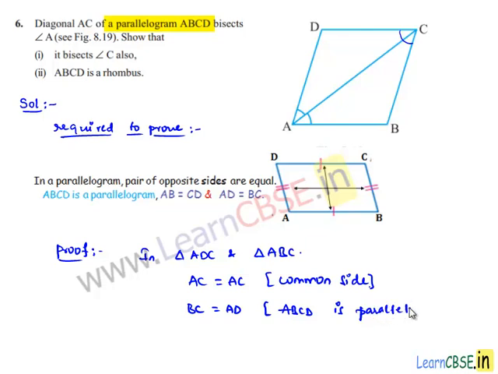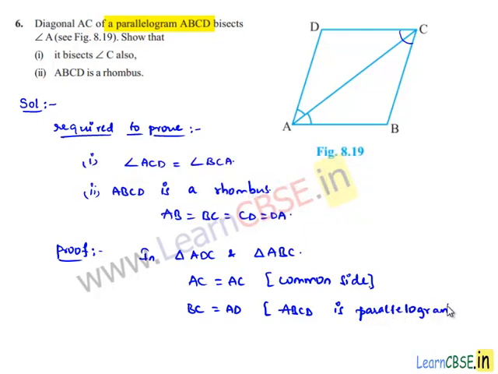Similarly, by applying the same concept, we can say AB is equal to CD. Therefore, here the three corresponding sides of two triangles are equal.